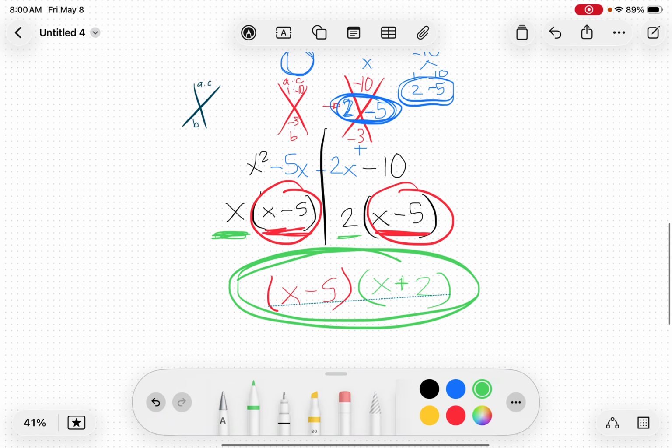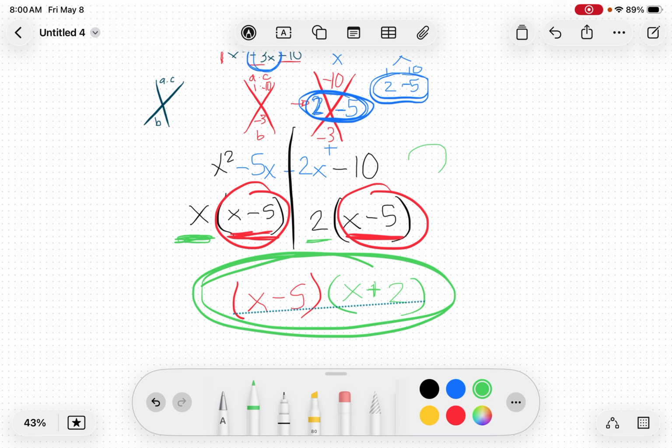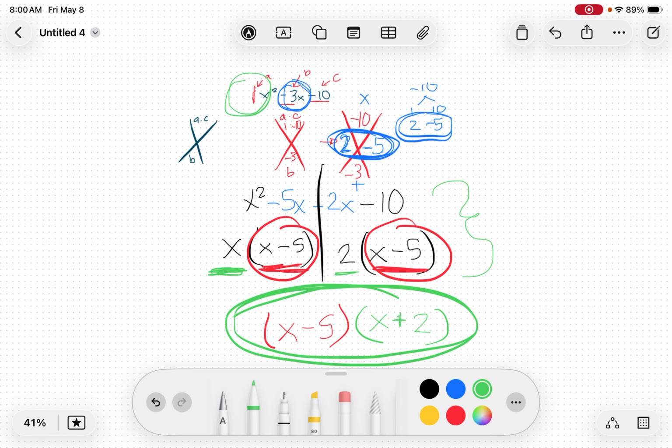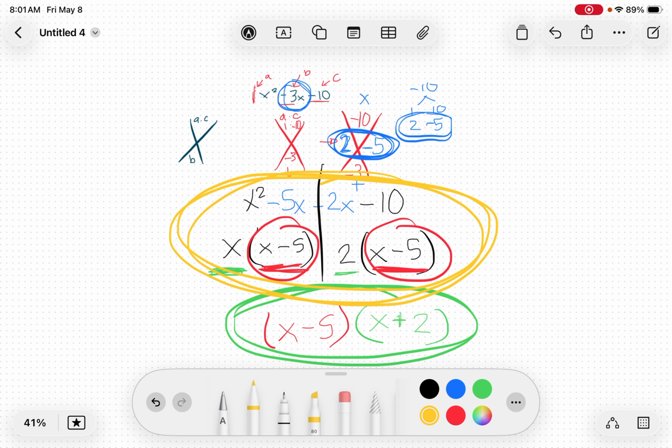Now keep in mind, this part right here will come into play a lot more when the number in front, when that a is not 1. But because it is 1, you can just go straight from this step to here super easily without having to really do all of this part.